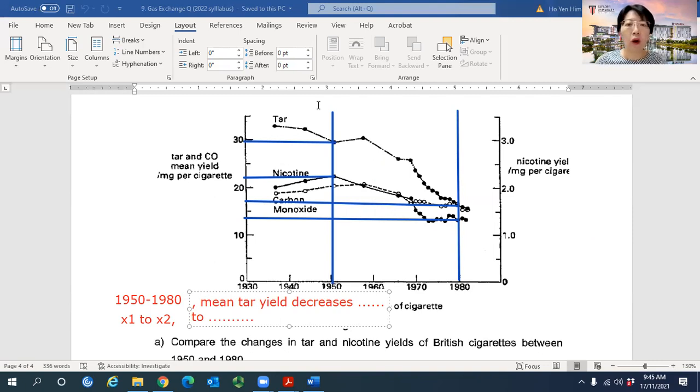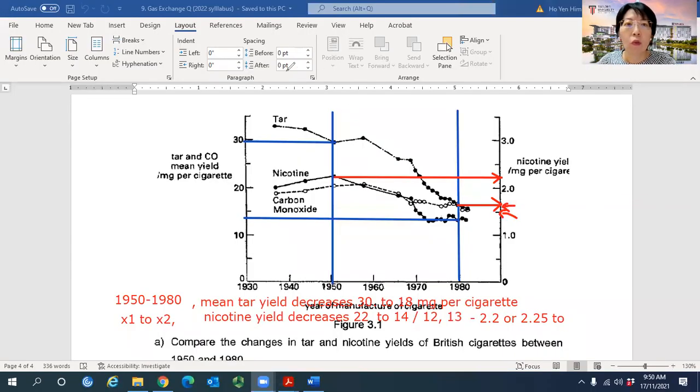Therefore, Amar, can you give me the value for tar? Decreases from what value to what value? So 1.6. And then the unit, please.